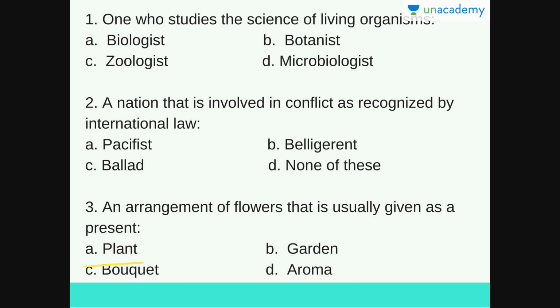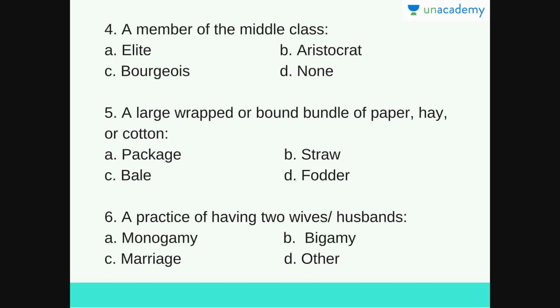A plant is a plant. You have your garden. Aroma is a pleasant smell that comes from food or drink, that pleasant smell when something good is cooking or being made to drink.